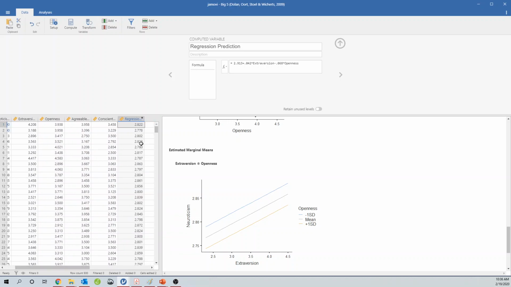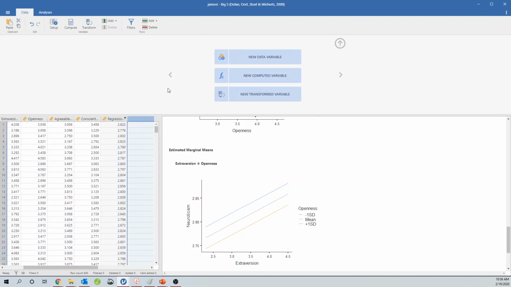And the regression prediction formula gave us right on the money what we guessed there. So we've made this formula correctly, and we can double check it by looking at the graph. It's really easy to accidentally put in a number or variable incorrectly, especially if you have a lot of variables in your regression.